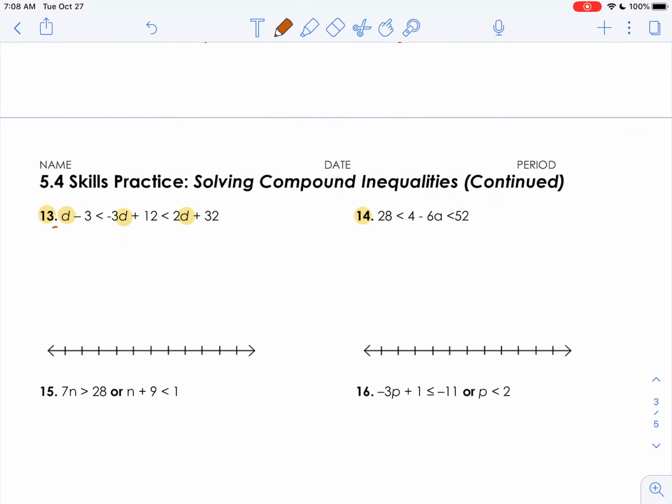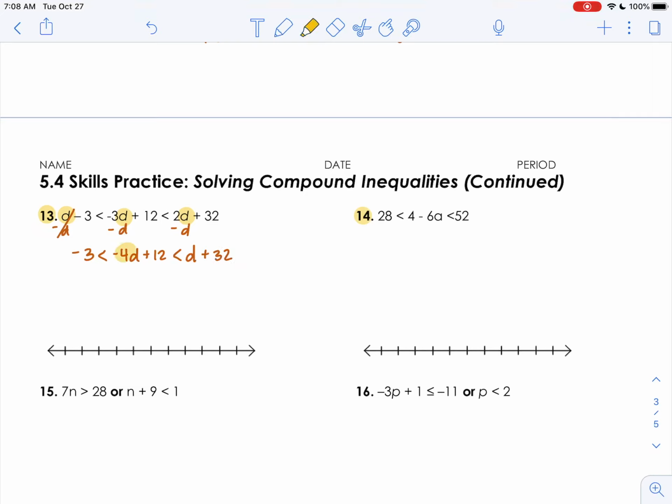So we might minus d, but if we do it there, we must do it in every section. d minus d will cancel, leaving me with -3 is less than negative 4d plus 12 is less than 2d minus d is d plus 32.